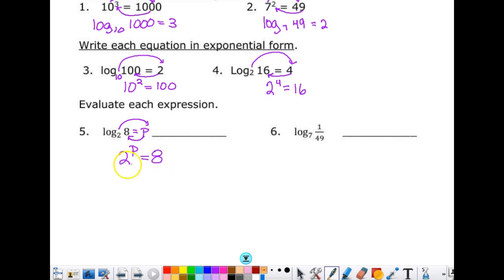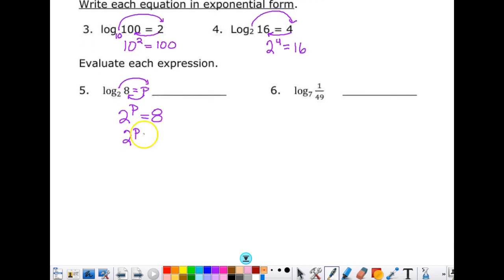If the bases are the same, then the exponents are also the same, right? So we're going to keep 2 to the p power. What are we going to change 8 to? There's your clue right here. It's going to be 2 to the something because they're both going to be 2. So it's going to be 2 to the 3rd power. Remember, I've told you, please memorize that 8 is 2 to the 3rd power. Now, because the bases are the same, we can say the exponents are also the same. So p equals 3.